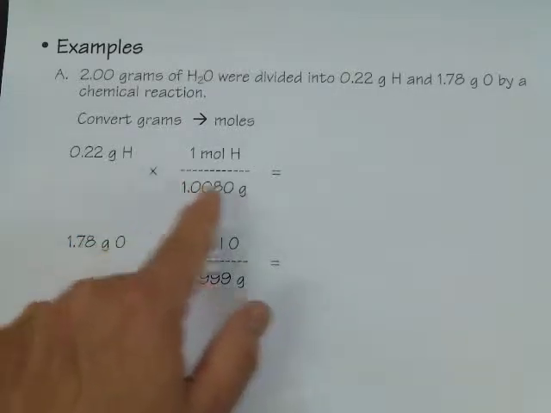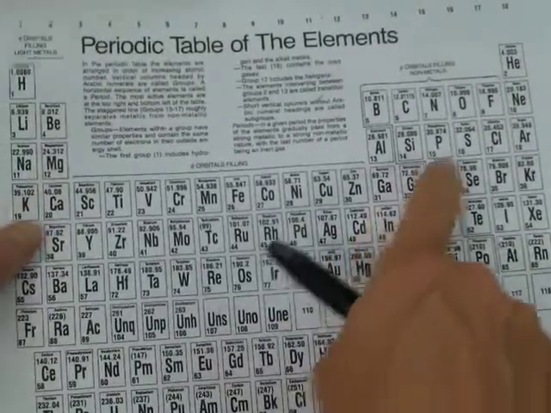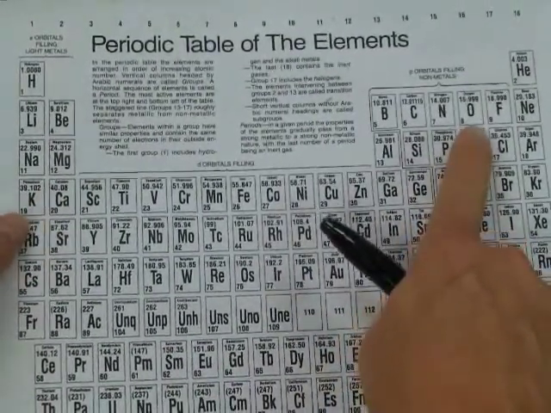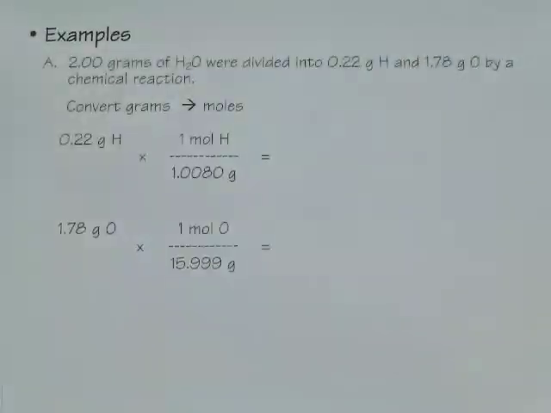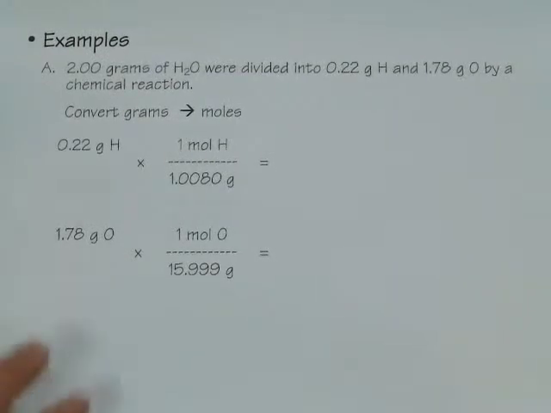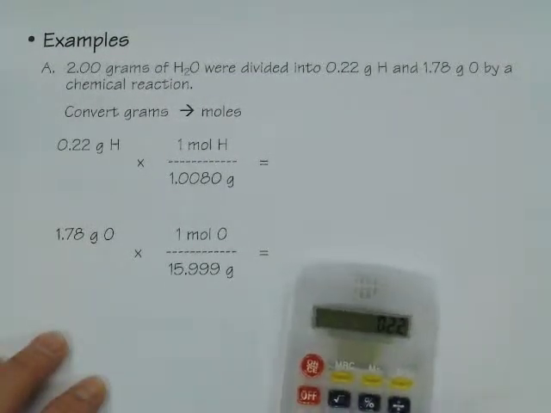We set it up so that units cancel, that the grams that were given cancel out with the atomic mass, the formula mass, the molar mass, the mass of 1 mole of oxygen, or the mass of 1 mole of hydrogen. And when we do the math, we multiply across the top, 0.22 times 1, and then divide by the bottom, 1.0080.